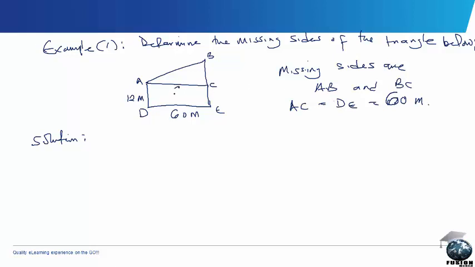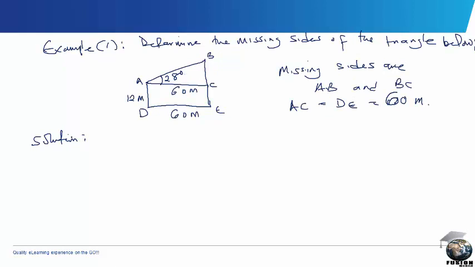Okay, that means AC is 60 meters, and so we shall apply trigonometry. Okay, you find out that there is no angle given here, which will make it difficult to determine, so we can put an angle 28 degrees and then we continue with our work.